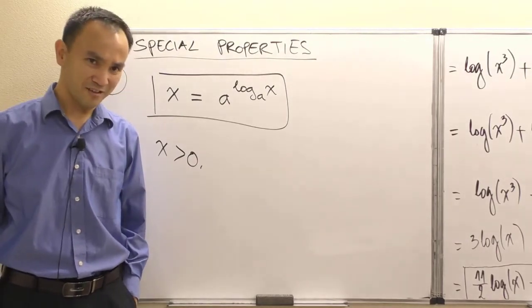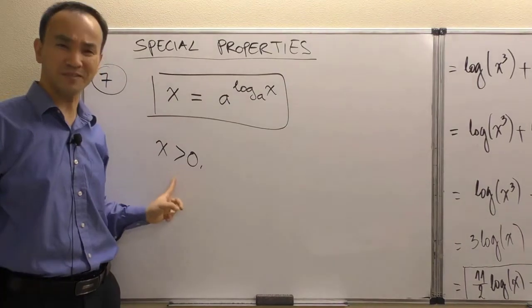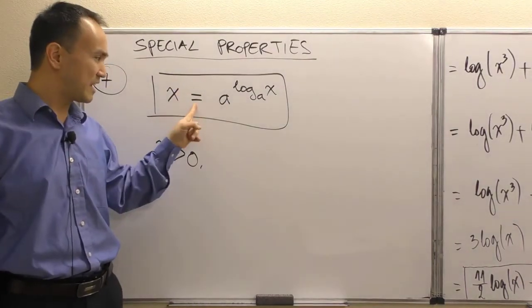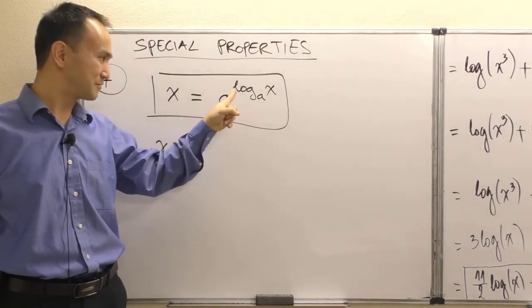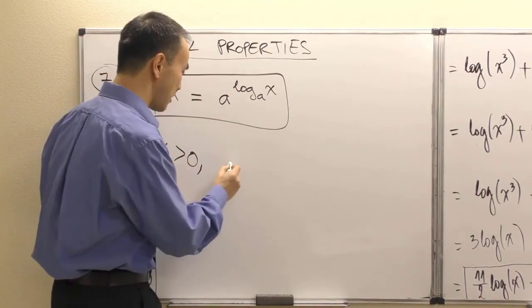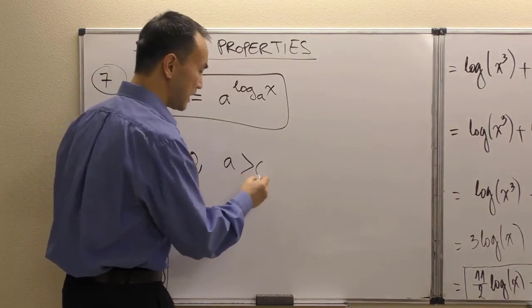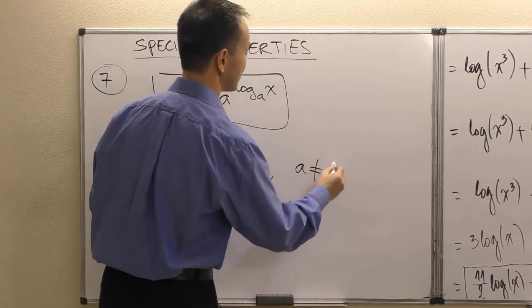So any positive number can be written as a base a raised to a log base a of x. And of course the base a also has to be a positive base, other than 1.